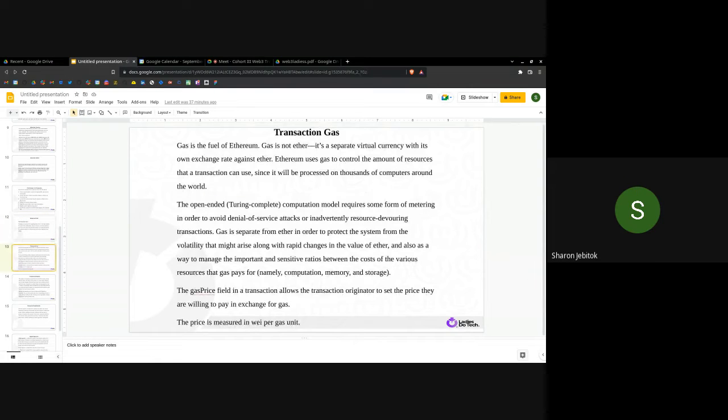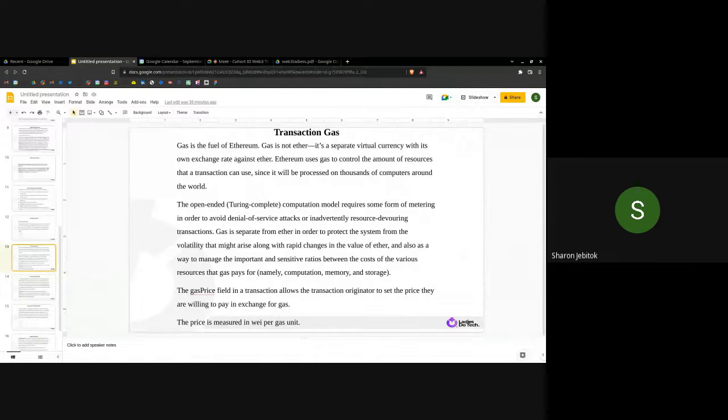The next one is the transaction gas, and gas is the fuel of Ethereum, and gas is not Ether. It's a separate virtual currency with its own exchange rate against Ether. Ethereum uses gas to control the amount of resources that a transaction can use, since it will be processed on thousands of computers around the world. Mostly you'll see them saying gas price or gas fee.